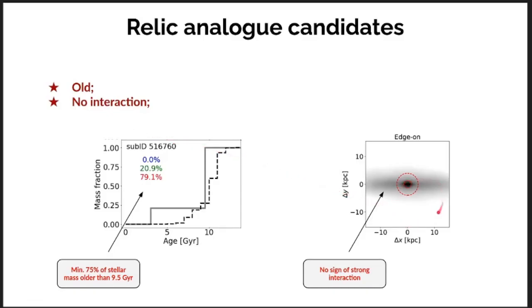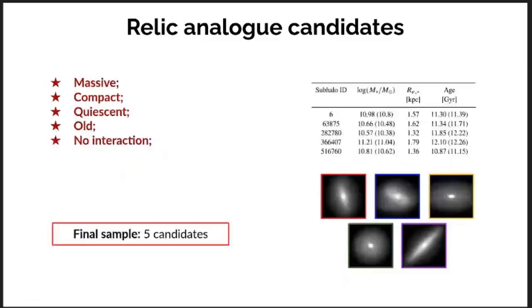And we also analyzed the stellar density maps of these objects to see that there was no stellar stream or close companion interacting with it. After this final selection, only 5 candidates survived, and here I show them and some of their properties: the age, the size, and their mass.